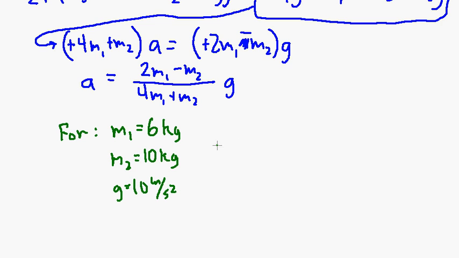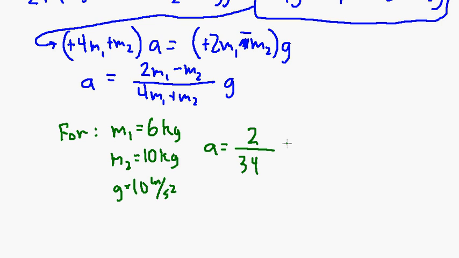So A equals 12 minus 10, so 2 times 6 is 12, right? 2 over 4 times M1 is 24, plus 10 is 34, so 2 over 34 times G. Wow, that is going to be small.